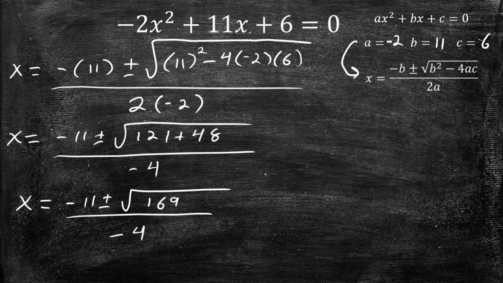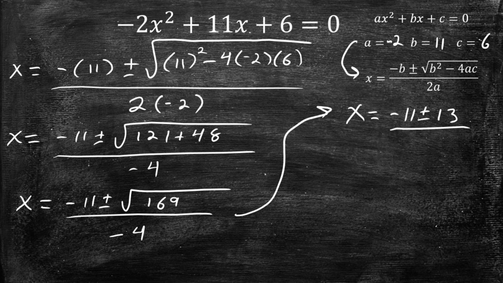All right, and now I'm going to take this over to the right side and simplify a little bit more. So we got x is equal to negative 11 plus or minus the square root of 169, which is 13, all divided by negative 4. Now what we want to do is figure out what our x's, or our solutions, are.